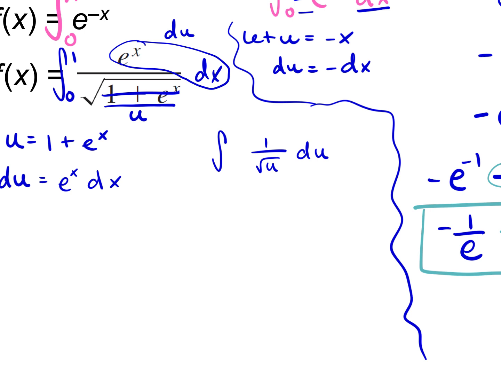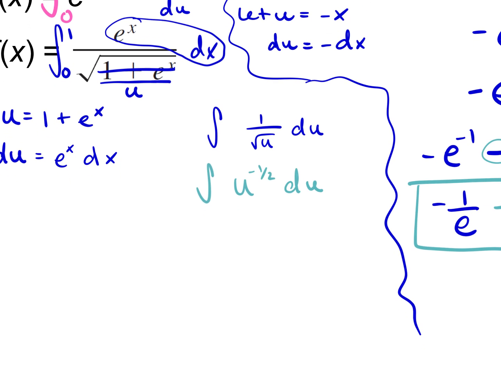Now, how would I take my integral here? Awesome. Let's call this the integral of u to the negative 1/2 power du. Now, when we take our antiderivative, we're going to add 1 to the exponent and divide by our new exponent. So we got u to the 1/2 power. Divide it by 1/2, so multiply by 2.